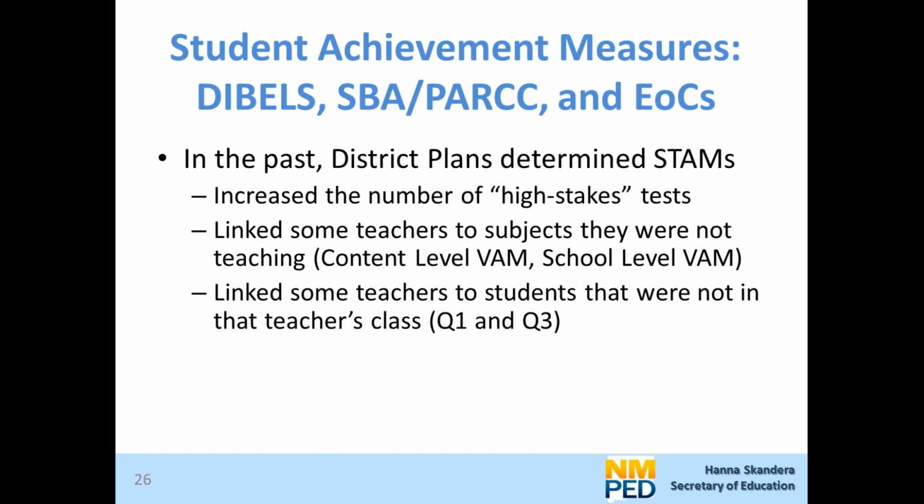This increased the number of high-stakes tests being used across the state. It made things fairly confusing as some teachers were linked to subjects that they were not even teaching. And some teachers were linked to students that they weren't teaching, i.e. the Q1 and Q3 portions of the school grade.